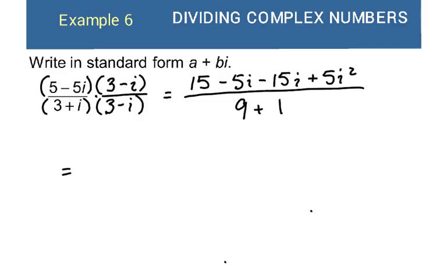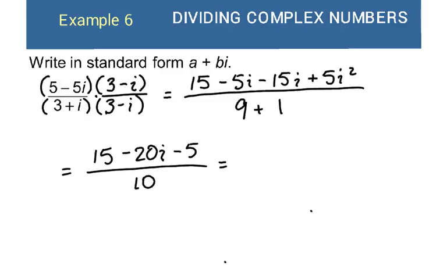We can put together our imaginary numbers, the negative 5i and the negative 15i, to get negative 20i. And then 5i squared, we can rewrite that as negative 5 because our i squared is negative 1. 9 plus 1 gives us 10.